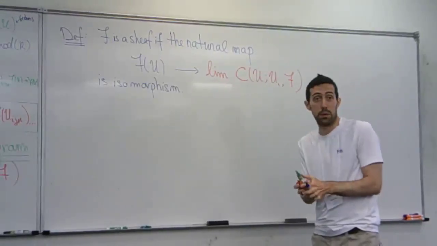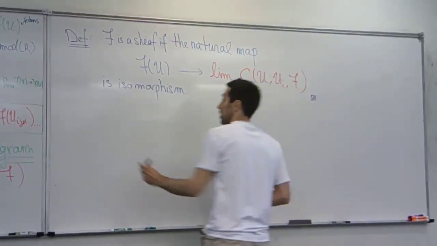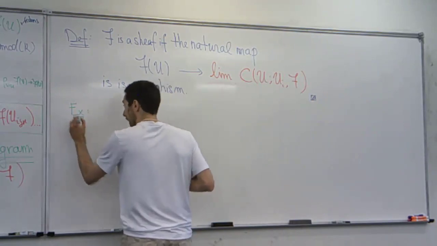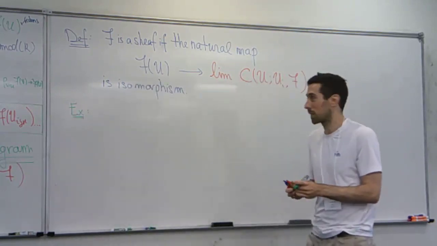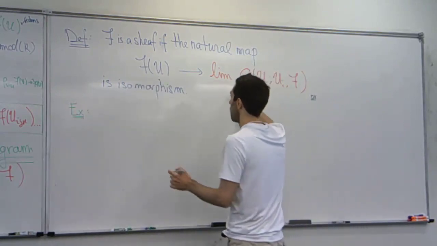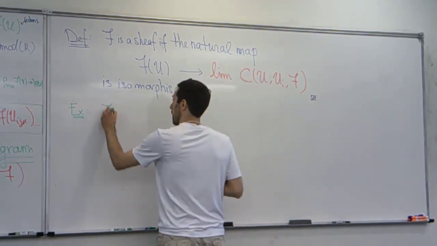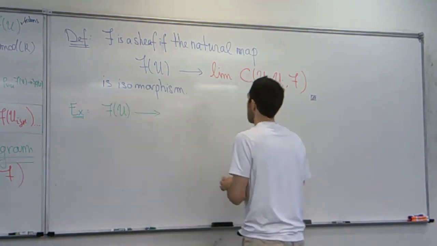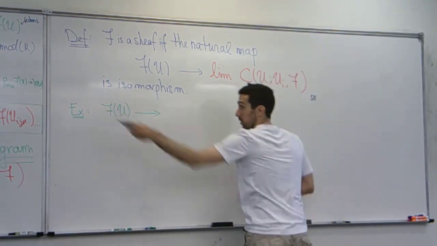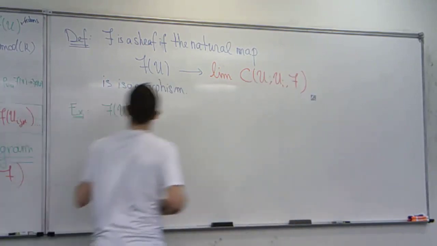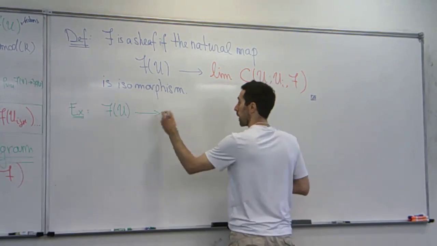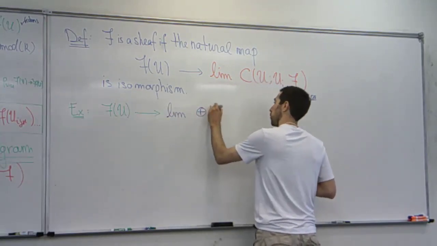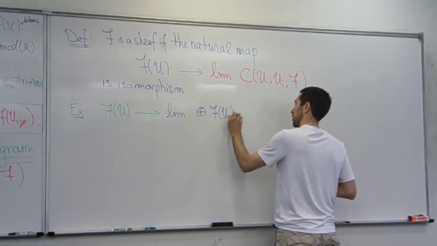Okay, but now the condition is that this diagram, you want the limit to be exactly F of U. So let me do the example that mostly we're going to care about during these lectures. If you don't have an infinity category, you actually have an honest category in the classical sense. What you're saying is that F of U maps into the equalizer of the first two maps, the limit of F of the U_i and then the double intersections.